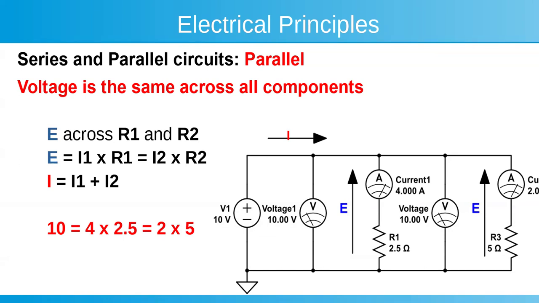So we have a total of 6 amps flowing out of the battery and 6 amps coming back, divided up with 4 amps through this leg and 2 amps through that leg. But the voltage across each of those is going to be the same. So that's the basic difference between series and parallel. Current's the same in series, the voltage is the same in parallel.